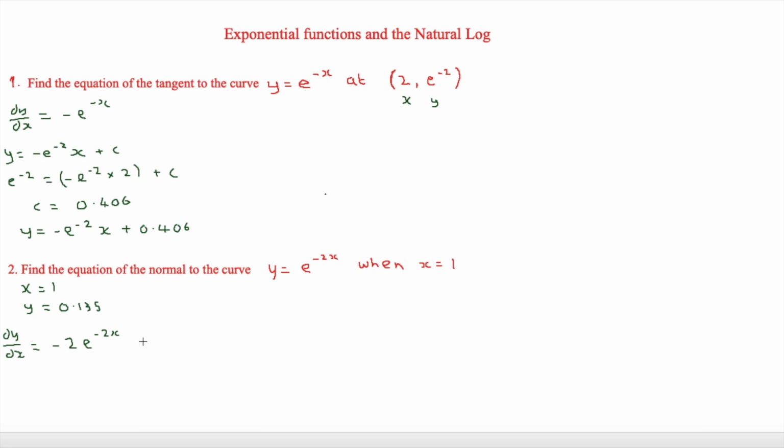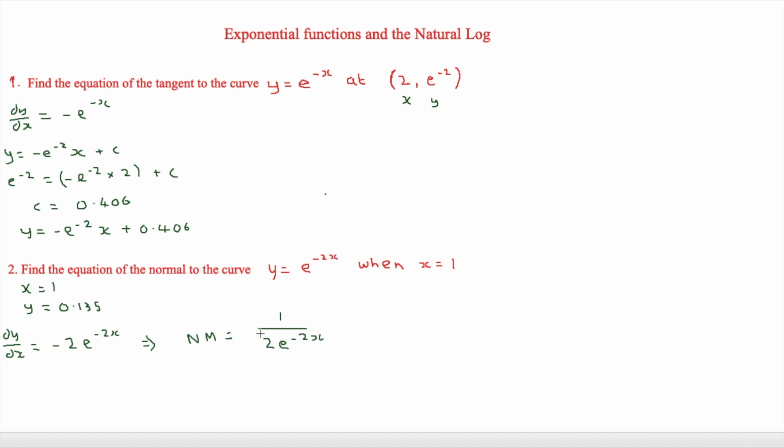But as that is the tangent gradient, and we need the normal gradient, just put the m for that. M can be gradient, so the normal gradient would be equal to 1 over, and then you'll take away the minus because it's a negative reciprocal, so that would be 2e to the minus 2x.